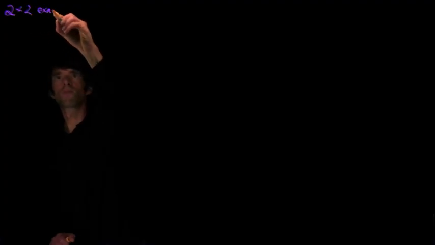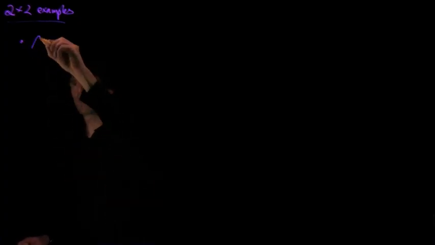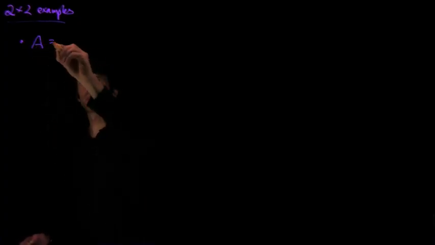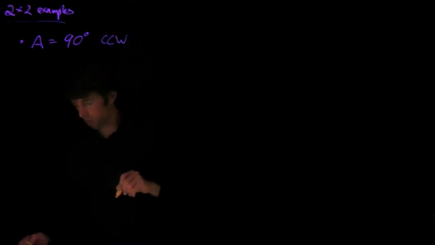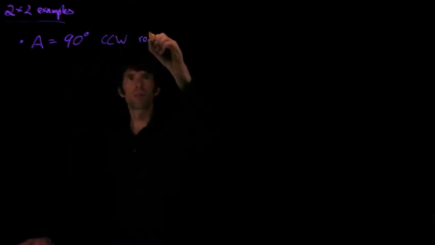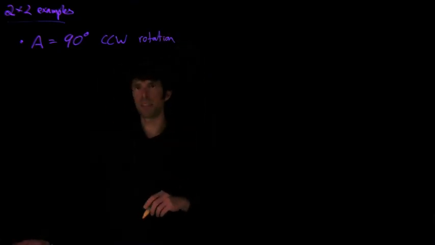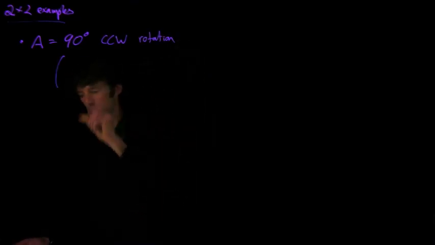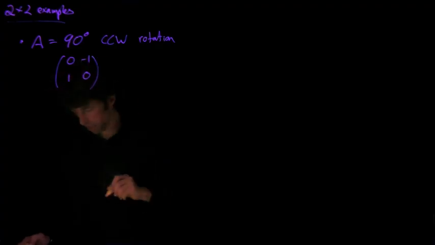OK, let's look at some 2-by-2 examples. First example, let's say that our matrix A corresponds to a 90-degree counterclockwise or anti-clockwise rotation. So we saw previously that the matrix for this was given by 0, 1, minus 1, 0.